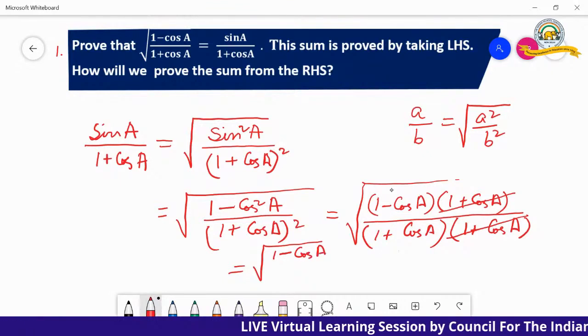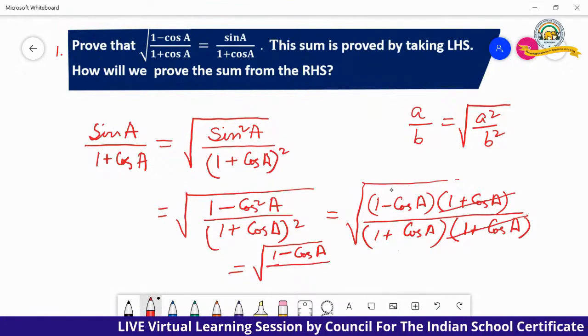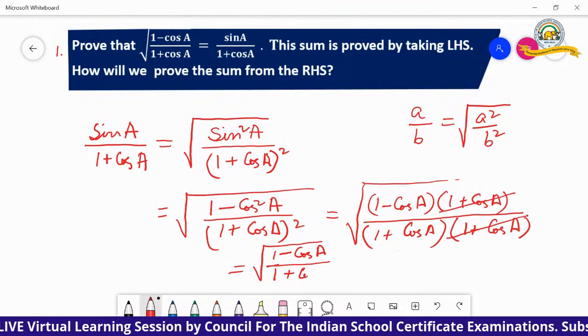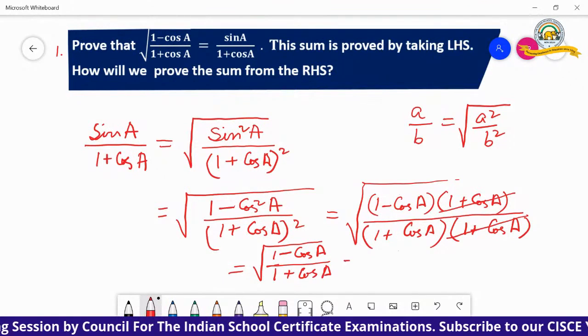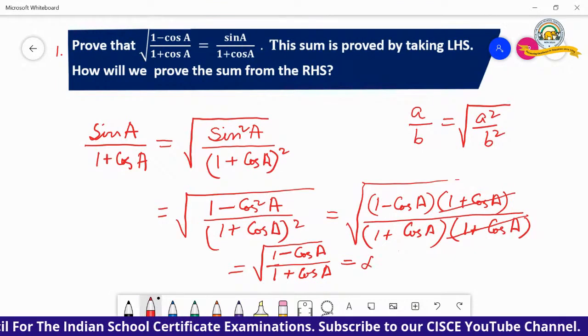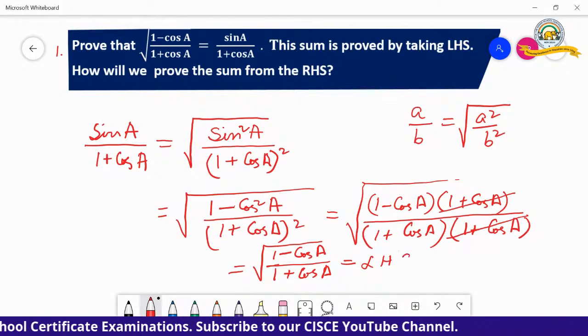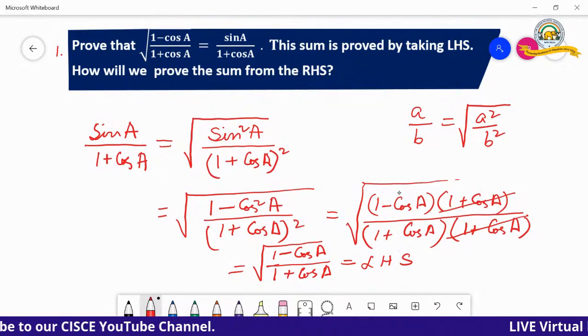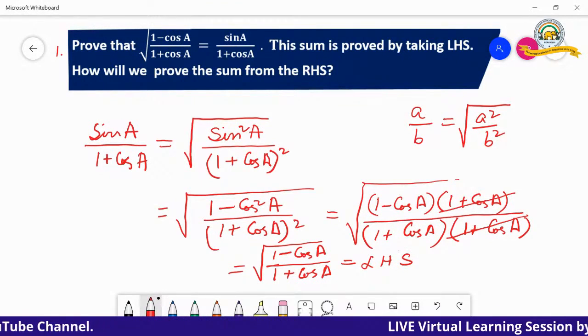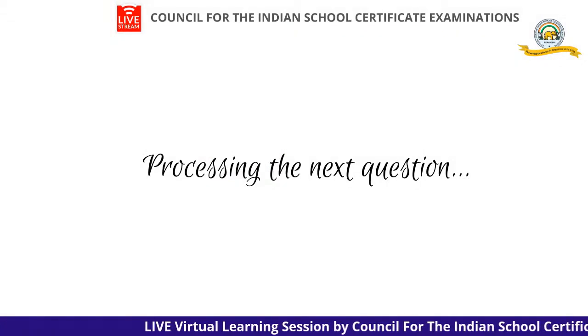You will come to the answer because I know my answer. So that is equal to my left hand side. So from the right hand side also, if you start the sum, you are able to do it. So I hope you have understood. Now let us see what is our next question.